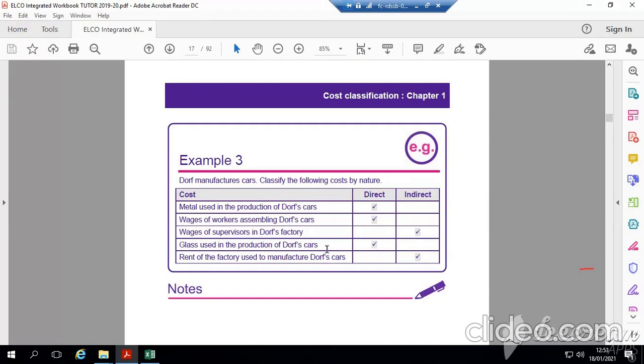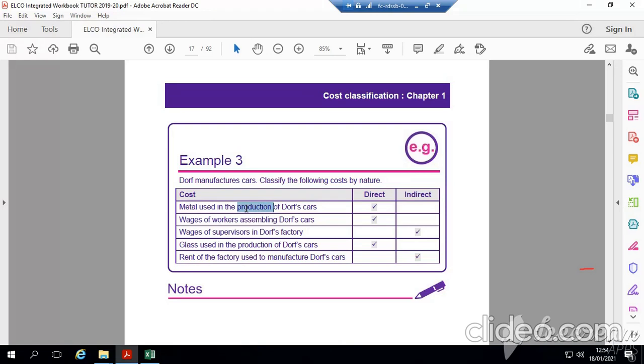So if we're looking at an example relating to cost classification by nature, whether it is direct or indirect. For example, it says Drove manufactures cars, classify the following costs by nature. Metal used in the production.